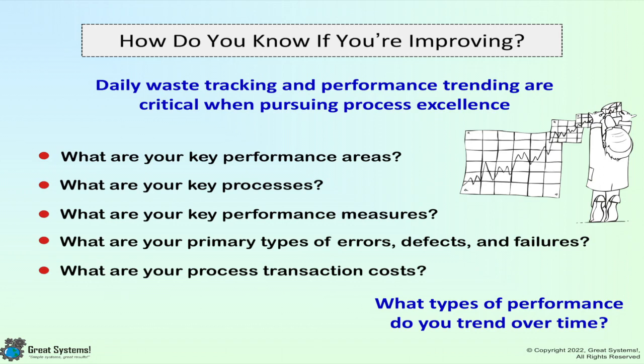To become a high-performance workplace or organization, each process owner needs to track around 5 to 10 key process counts each day in the areas of safety, quality, cost, and people. These 4 performance areas apply to any type of work process. Trend lines with control limits can then be created for the ratios that you can create from the daily captured counts.